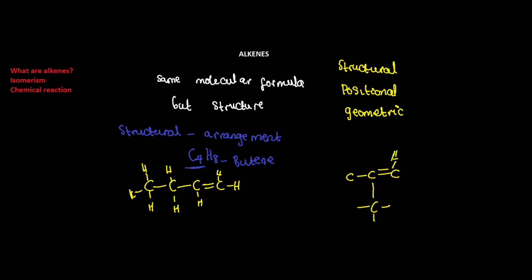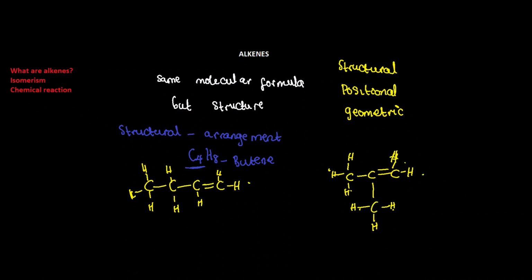So the double bond would exist here and we would have something like this, hydrogen attached in this manner. And when we count through, we would still have exactly 4 carbon atoms and 8 hydrogen atoms. So we have 1, 2, 3, 4, 5, 6, 7, 8 hydrogen atoms.